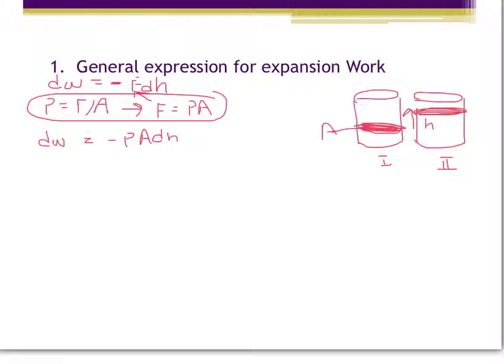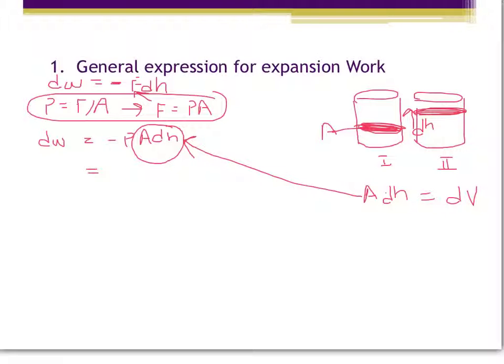So if the piston has an area of A and is raised to height h, area times height, or should I say change in height here, would be equivalent to a change in volume. So area times a change in height is the same thing as a change in volume.